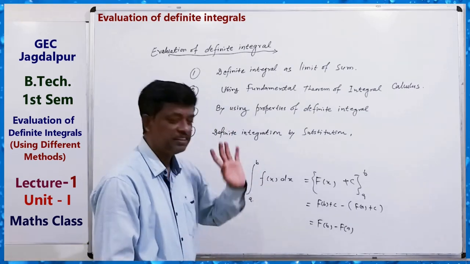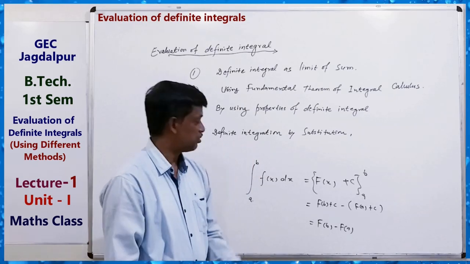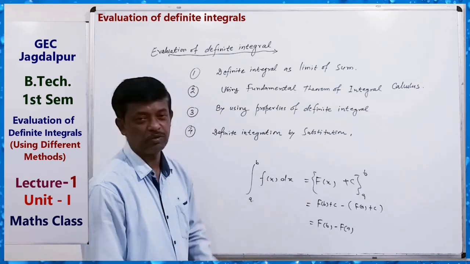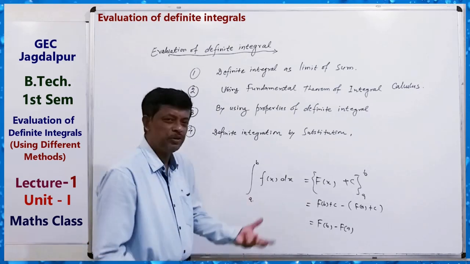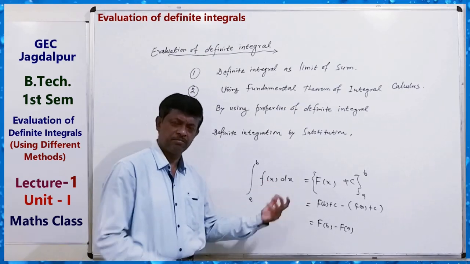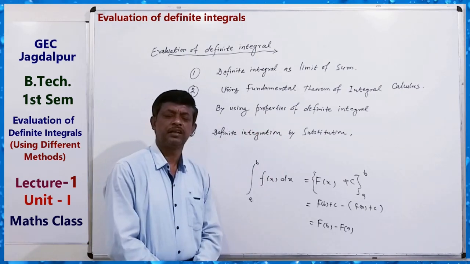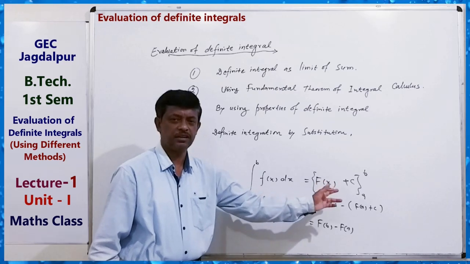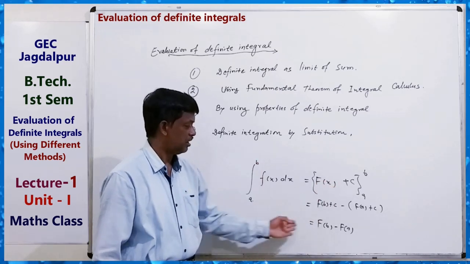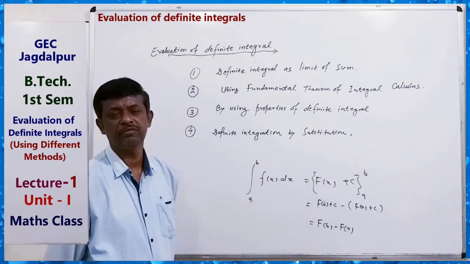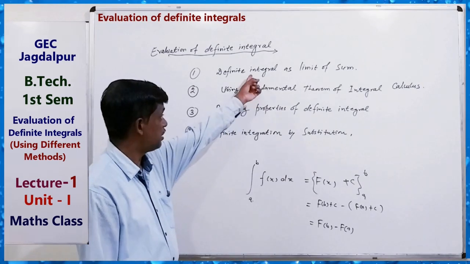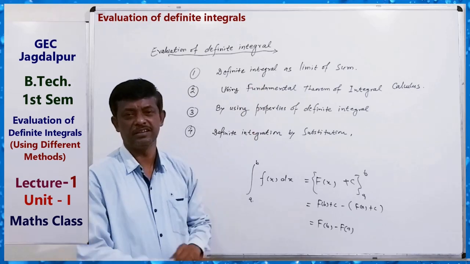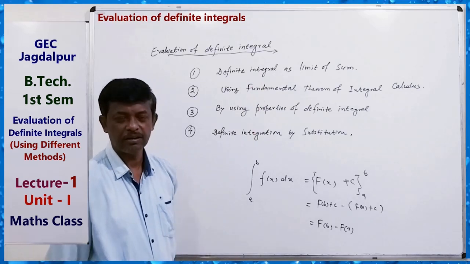And this provides an easy method, because we know the integration of functions; there are many formulas. You find F(x) and just apply the limit, F(b) minus F(a), which will be the definite value. We can also find it as a limit of sum, but this process is very tedious for typical functions.